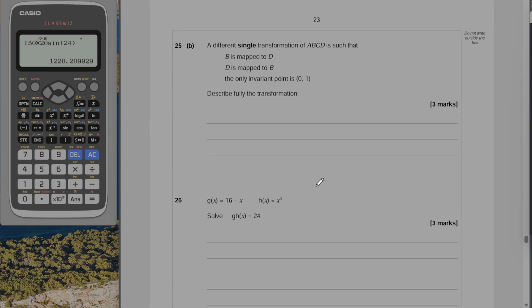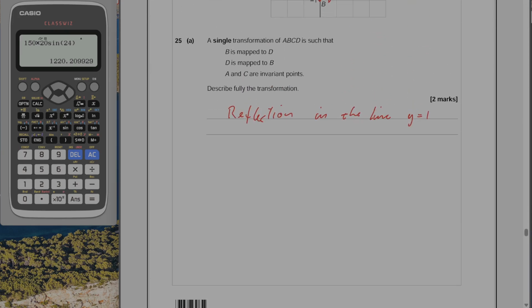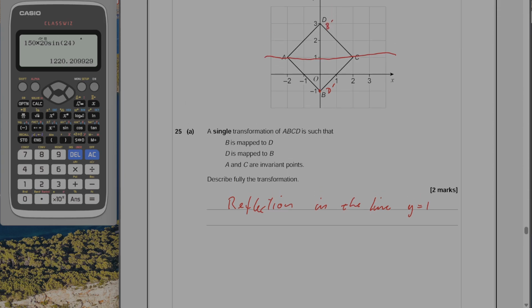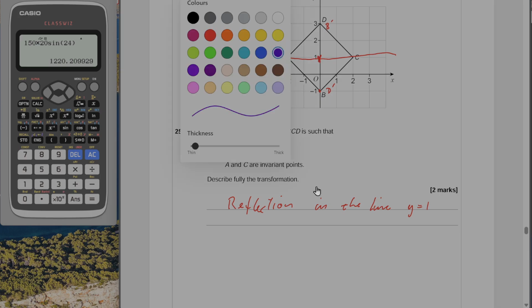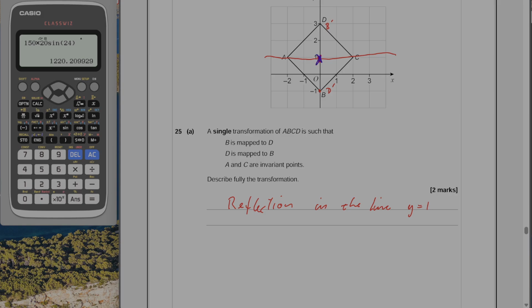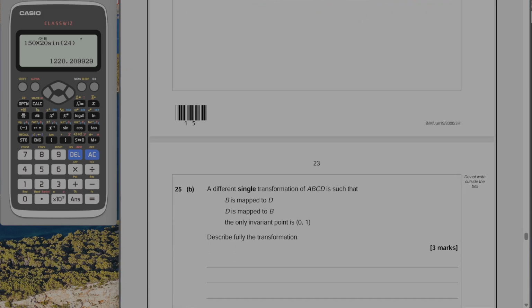Part 25b, a different single transformation of A, B, C, D is such that B is mapped onto D, D is mapped onto B, and the only invariant point is 0, 1. Okay. Let's change pen color for this one. So let's look at that again.